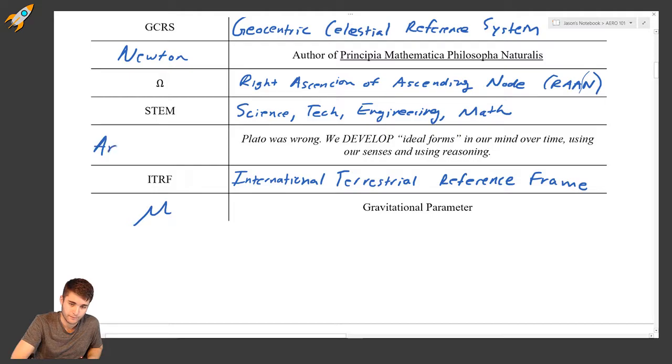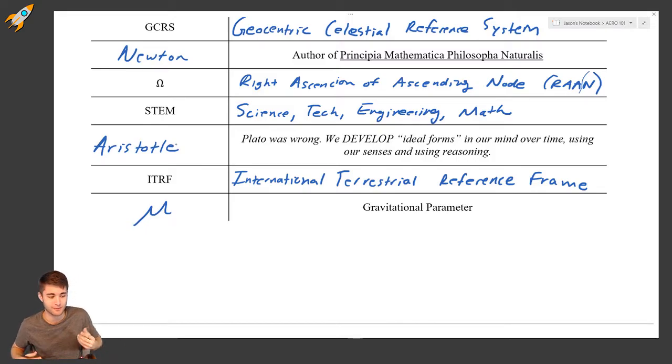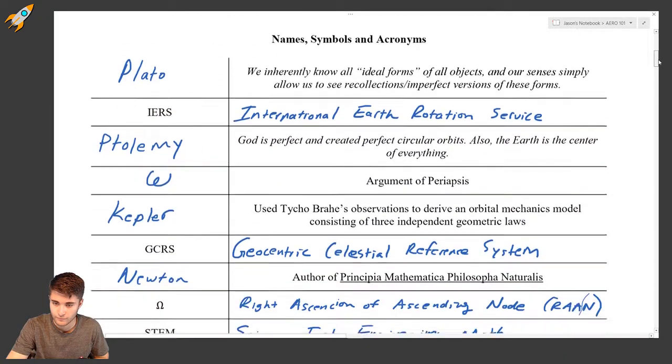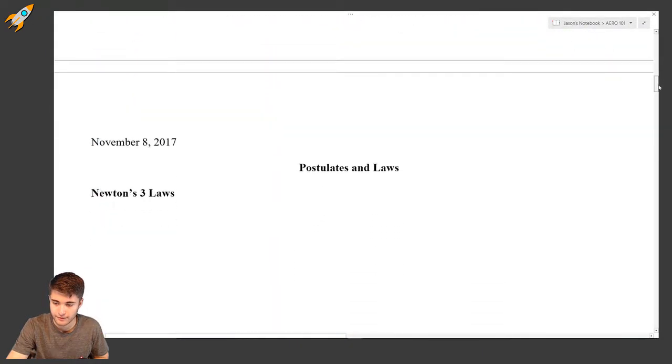Aristotle was Plato's student, and Aristotle said Plato was wrong, and Aristotle says we use our senses instead. We use our senses to develop these ideal forms over time. Instead, it's a little bit different. So we've got our table filled out here.